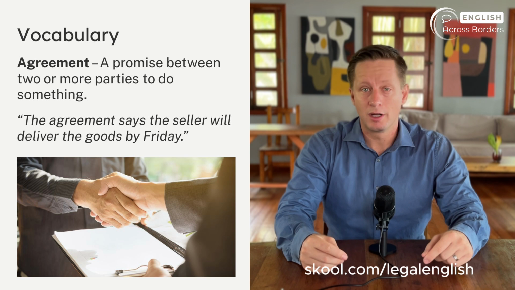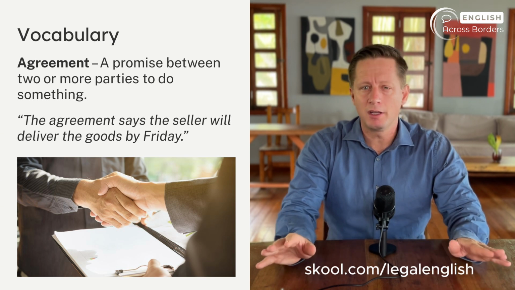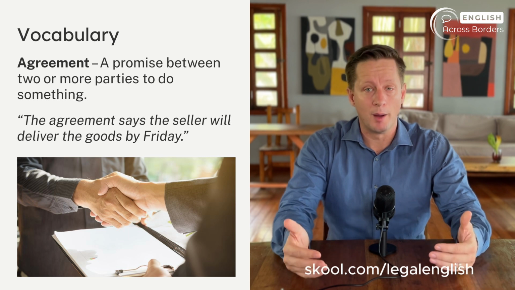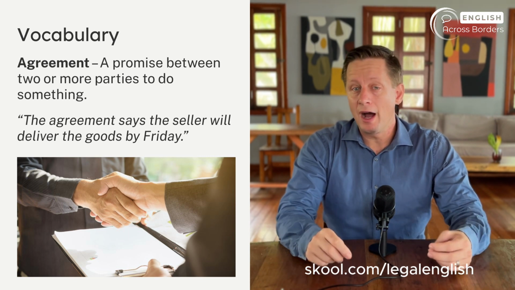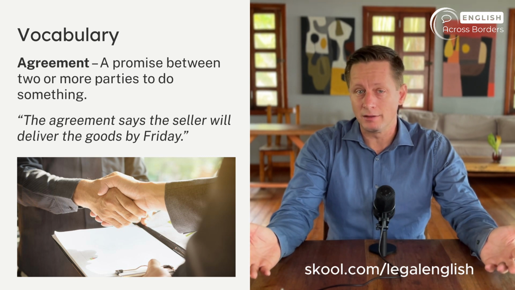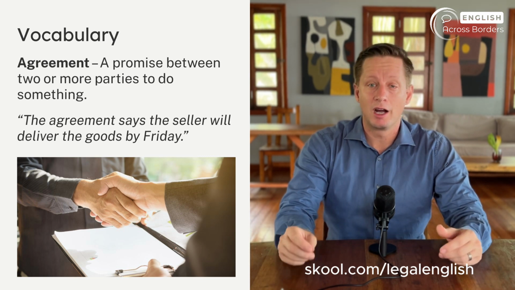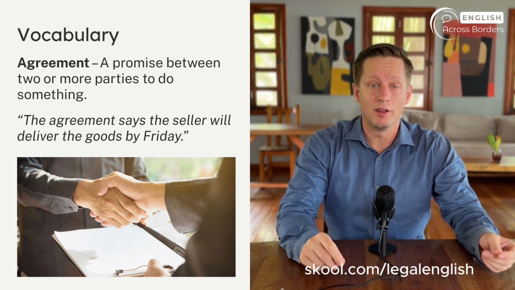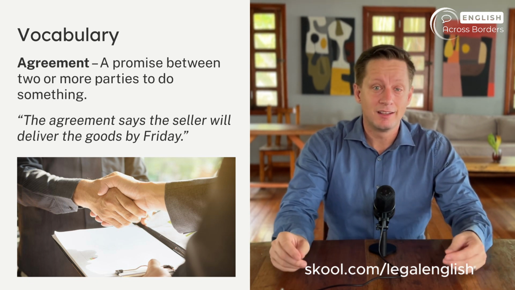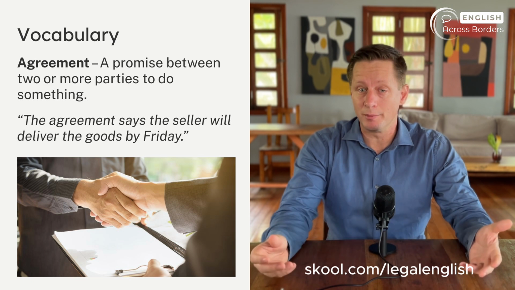In legal work, agreements are very important because they show what each person promises to do. Without an agreement, it's hard to know what is expected. For example, a contract might say the seller will deliver the goods by Friday. That sentence tells us part of the agreement.